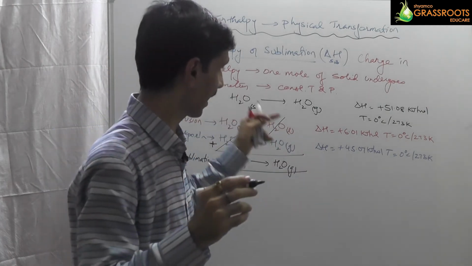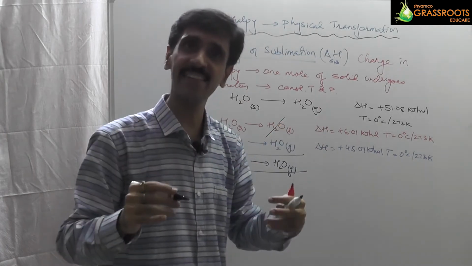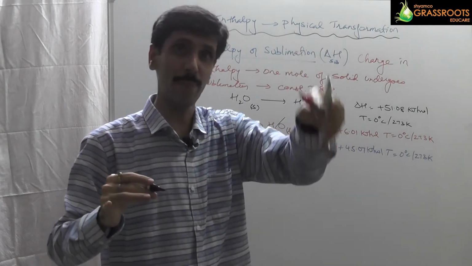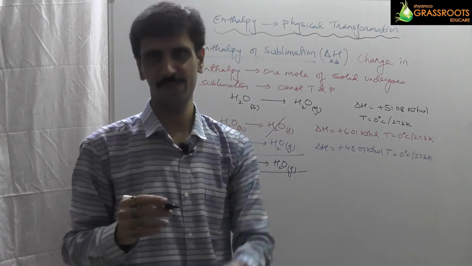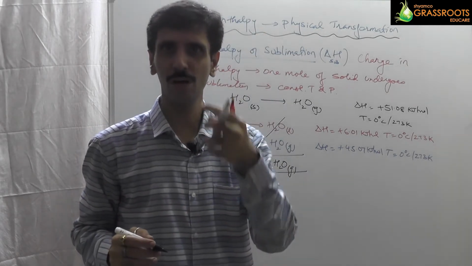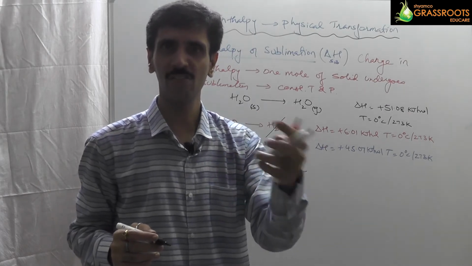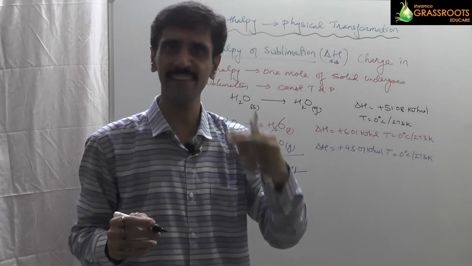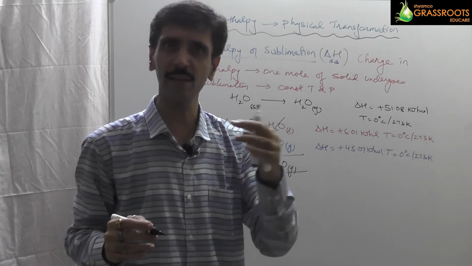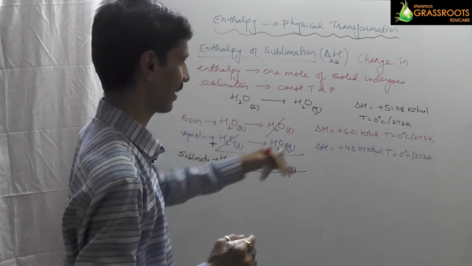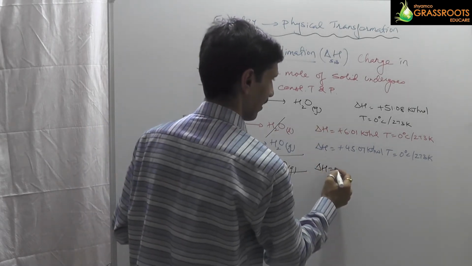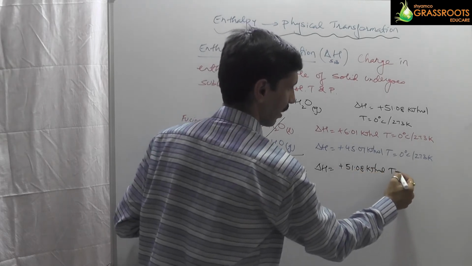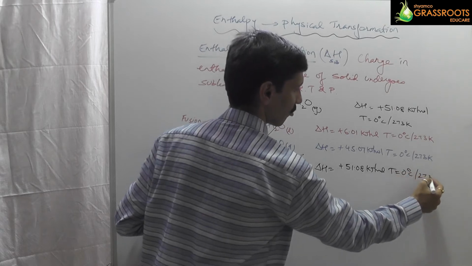So whatever algebraic operation that we are going to perform on the chemical reaction, or on a reaction, let it be chemical or physical, the same operation has to be performed on the value of delta H. एक और बार दोहराता हूँ, जो algebraic operation, फिर वो addition, subtraction, multiplication, division, जो भी होगा, जो भी algebraic operation हम perform करेंगे reaction के ऊपर, वही सेम ऑपरेशन हमें परफॉर्म करना है द वैल्यू ऑफ डेल्टा एच. यानी हम यहाँ पर हम लोग ने एडिशन किया था तो इधर भी एडिशन करो, तो डेल्टा एच इज इक्वल टू प्लस 51.08 किलो जूल्स पर मोल एट टेम्परेचर इक्वल टू 0 डिग्री सेल्सियस 273 केल्विन.